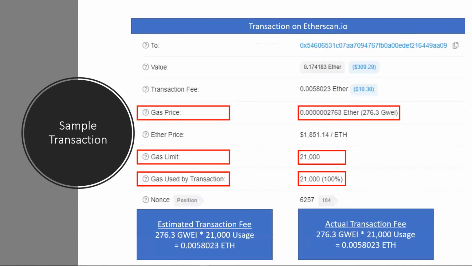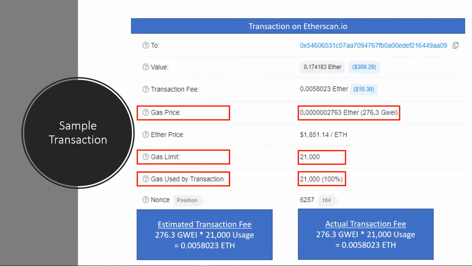So now let's look at another one, which is much simpler. In this case, it's a simple wallet to wallet transfer. So the gas limit was estimated at 21,000 units. It ended up being 21,000 units. It used 100% of the limit, and it still was a successful transaction.